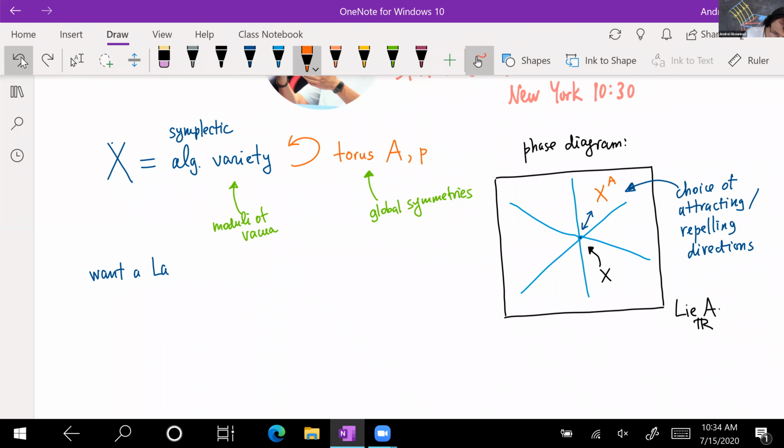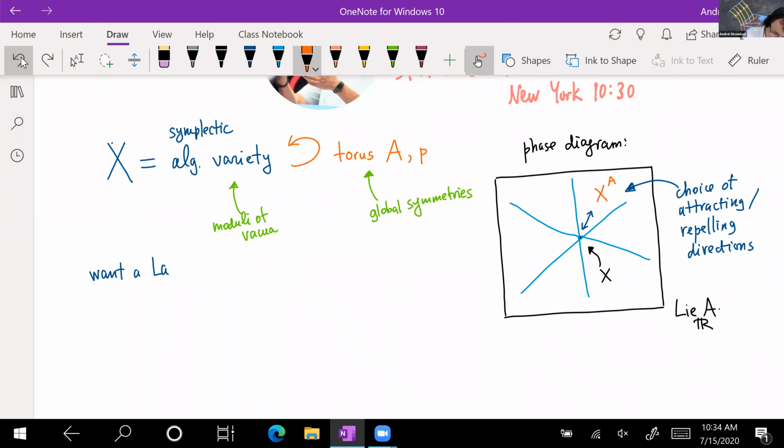For instance, you can think about the example when X is T star Grassmannian, k-dimensional subspaces in n-dimensional space, and I can act by A, which is a maximal torus in GLn.